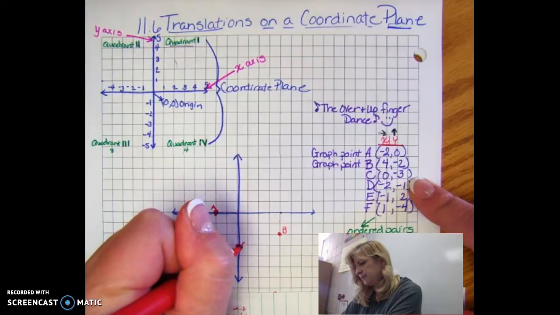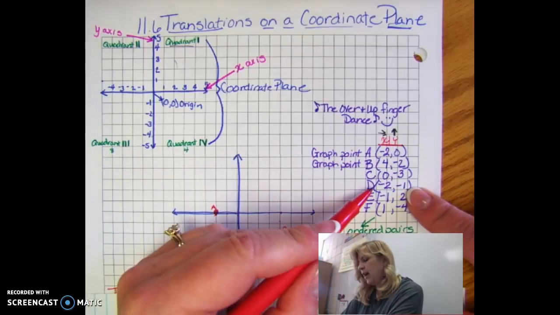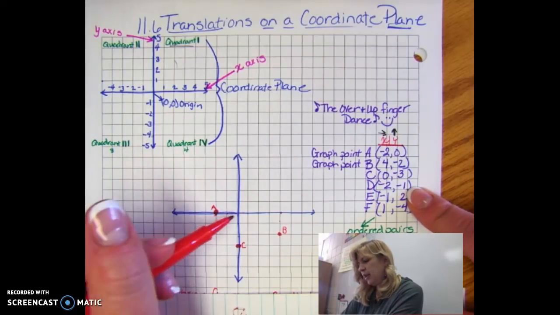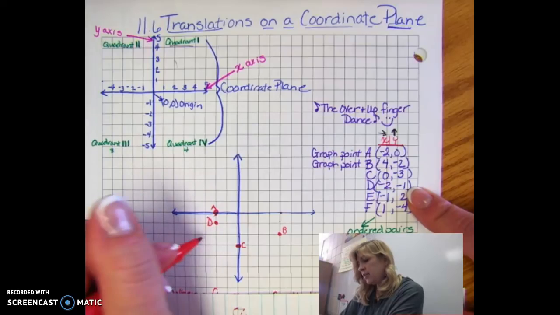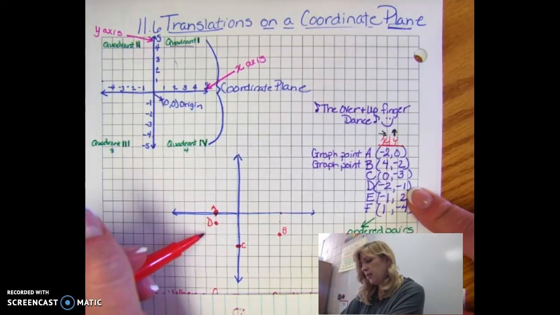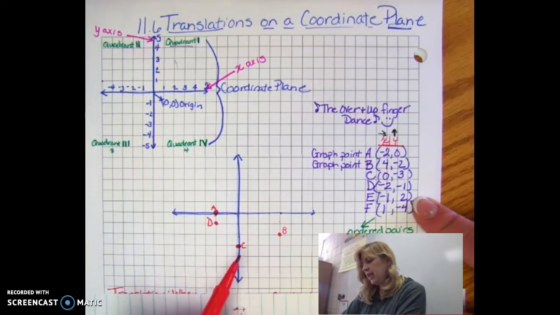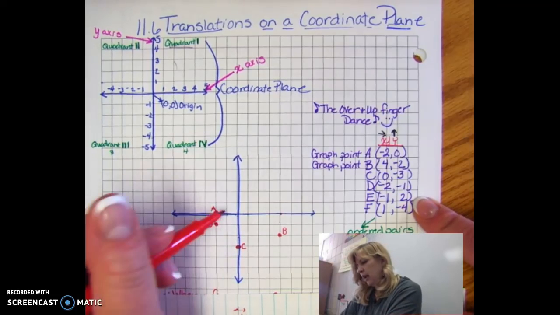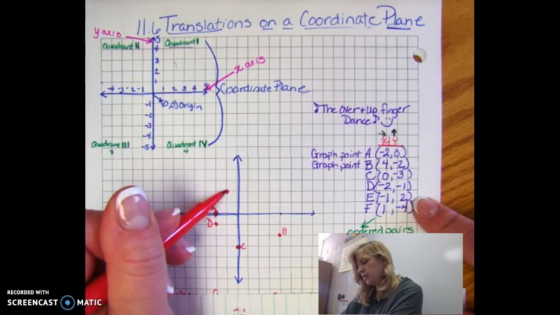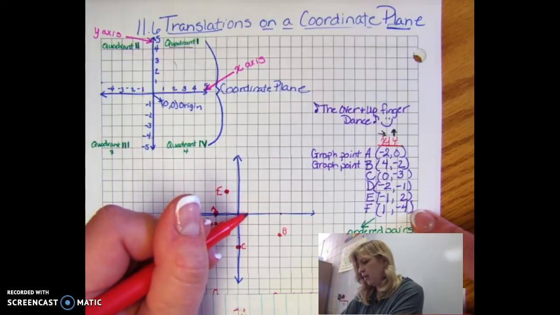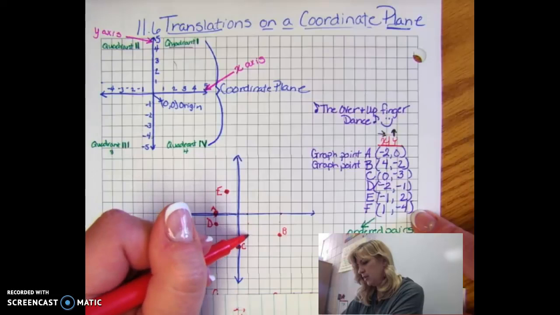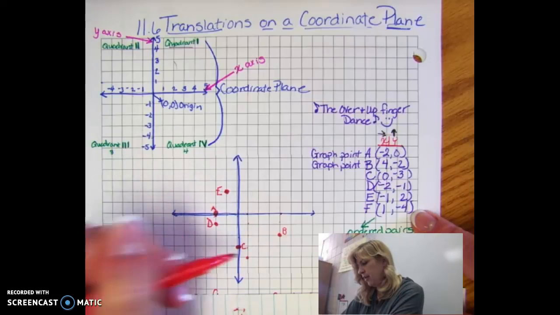That's C. Now we have D, which is (-2, -1). So -2, -1, that's D. And that's falling in quadrant number 3. And E, -1, and then 2 up. That's in quadrant number 2. That's E. And then 1 over and -4, 1, 2, 3, 4.